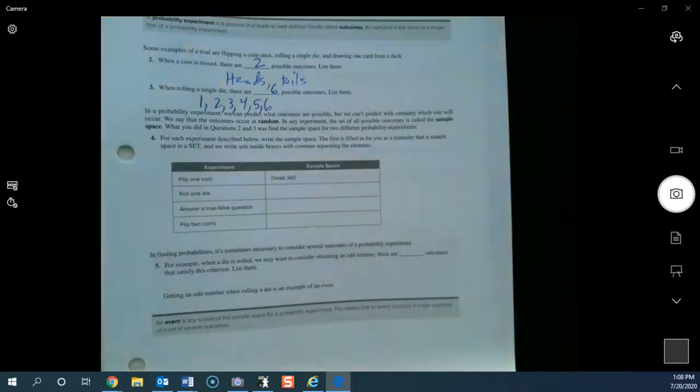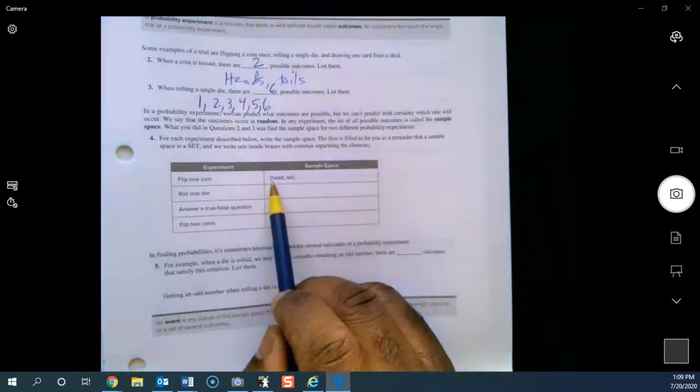Number 4, for each experiment described below, write the sample space. The first is filled in for you as a reminder that a sample space is a set, and we will write sets inside braces with commas separating the elements. So first of all, if we look here, you notice we have braces here.